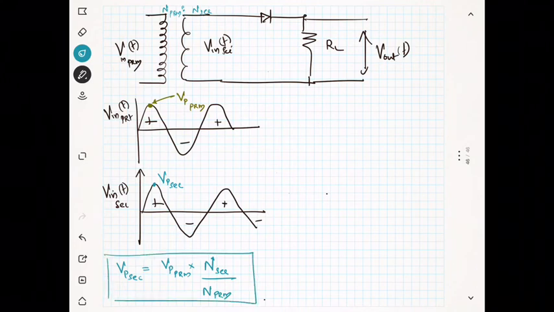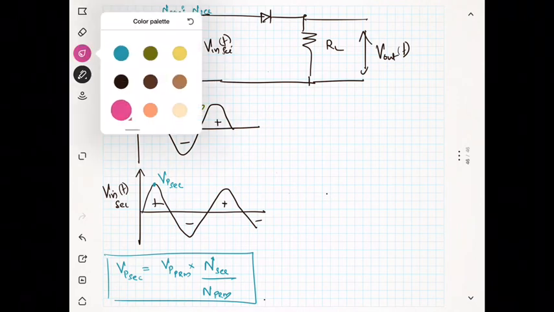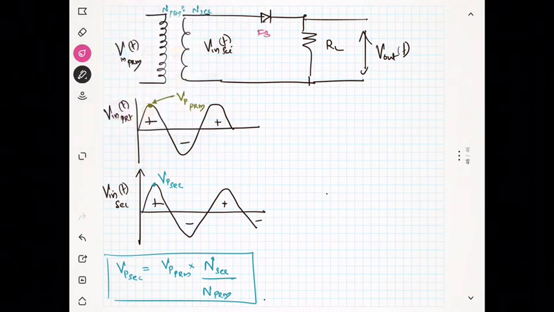Now, during the forward bias, that is plus minus and plus minus here, there is a voltage drop of 0.7. So you can say this voltage is V in secondary.